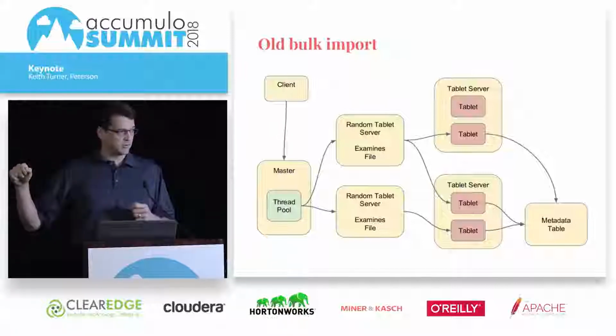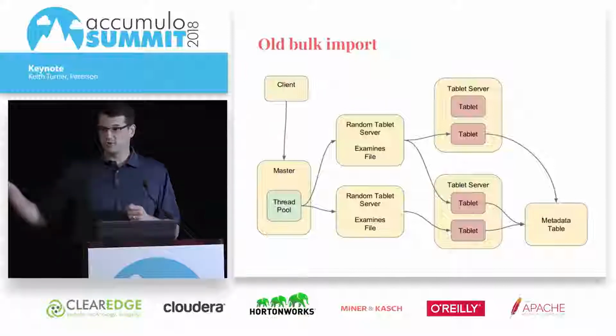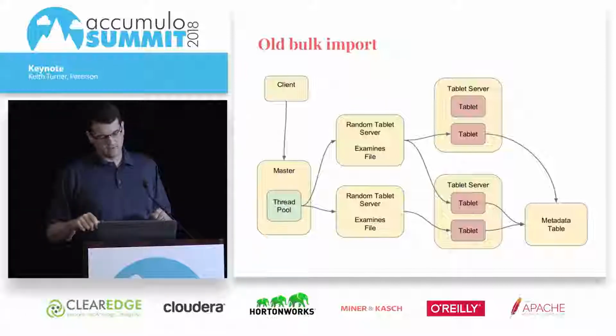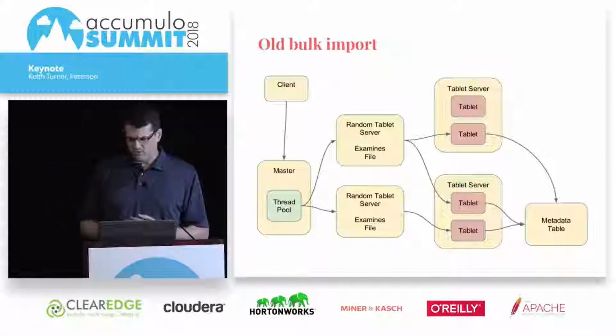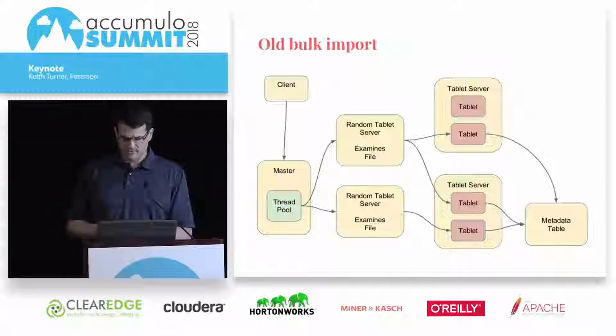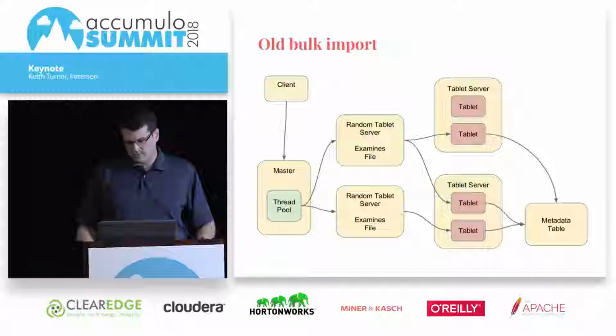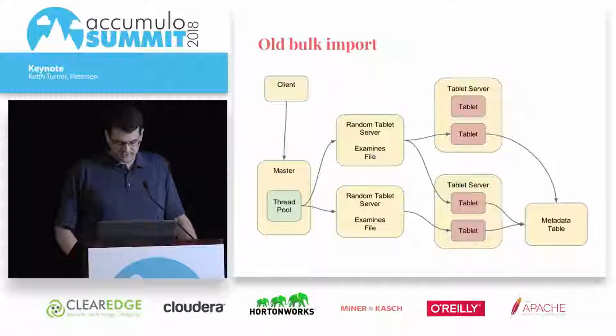The tablet gets that request, and it's going to send out a remote procedure call to the metadata table to add that, oh, my tablet, record that I have this file. And I'm not actually showing all the remote procedure calls that happen here. The random tablet servers, when they inspect the files, they'll be making remote procedure calls to the name node and also the metadata table. So there's a lot of remote procedure calls going on here, and they're all synchronous.